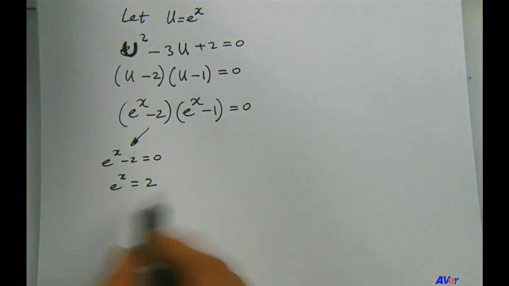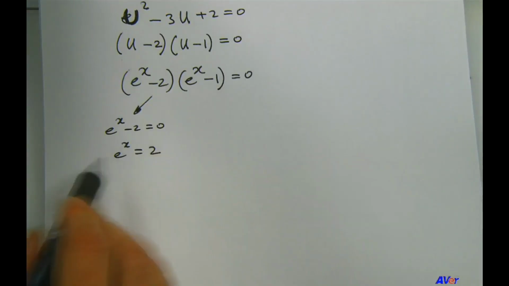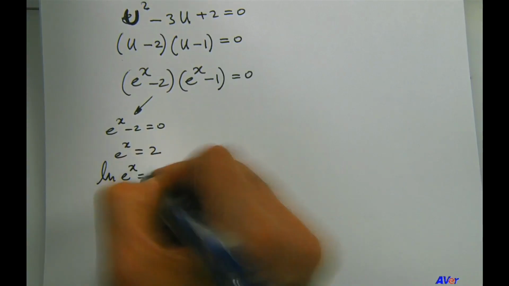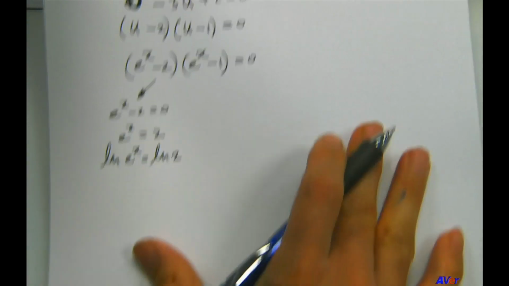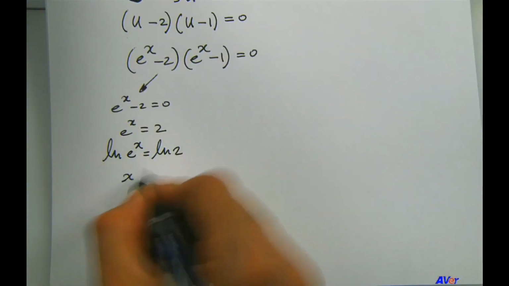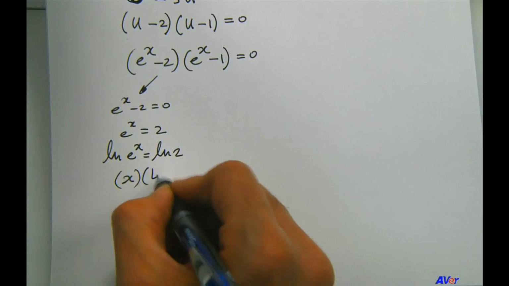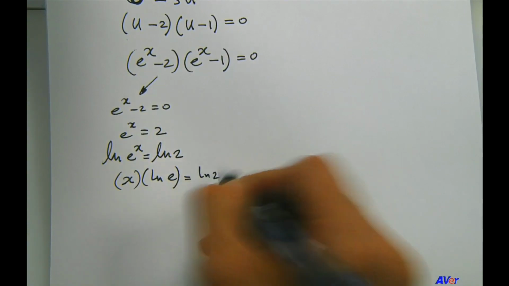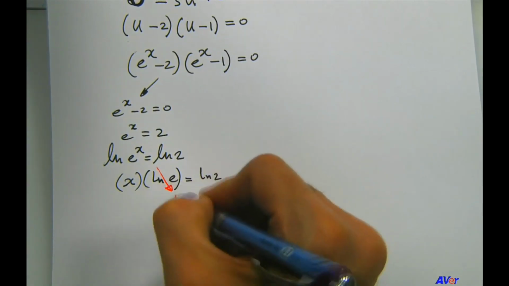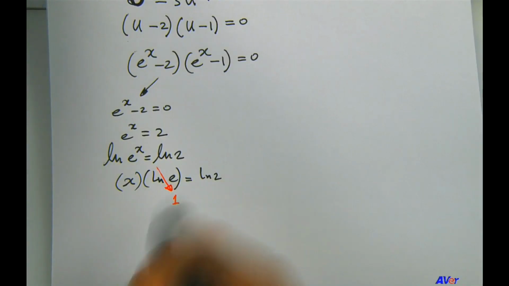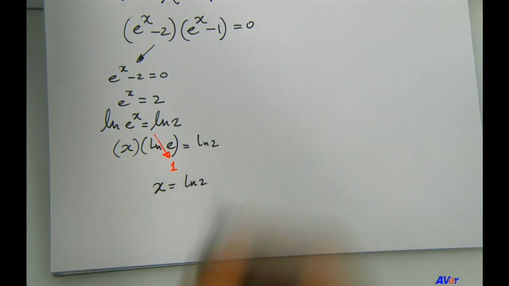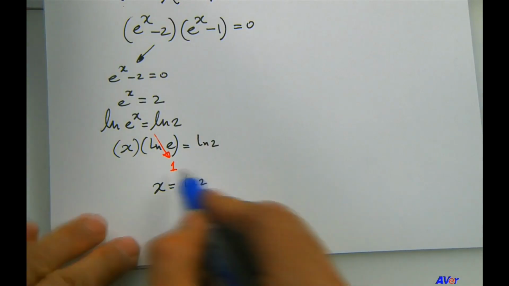And so take the natural log of both sides, natural log because the base here is e. So natural log of e to the x is equal to natural log of 2. Then we have x times natural log of e equals natural log of 2. We know that natural log of e is just equal to 1. So 1 times x is just x equals natural log of 2. That's one of the solutions.